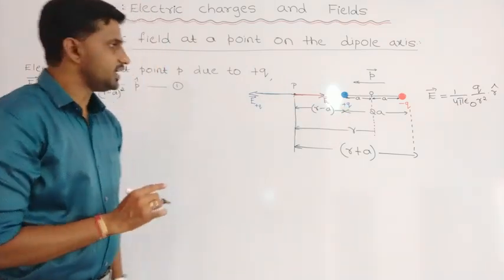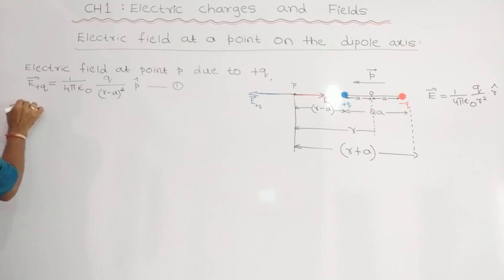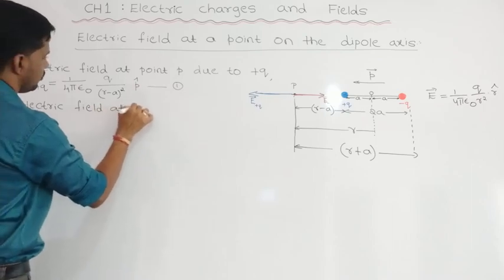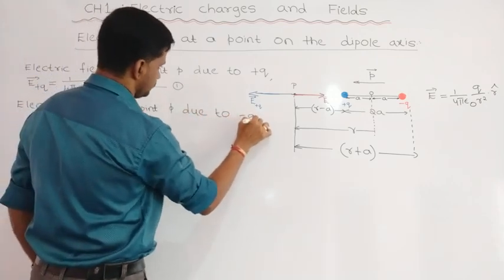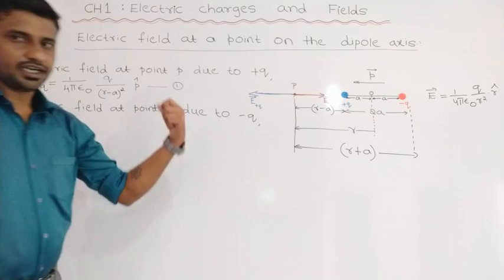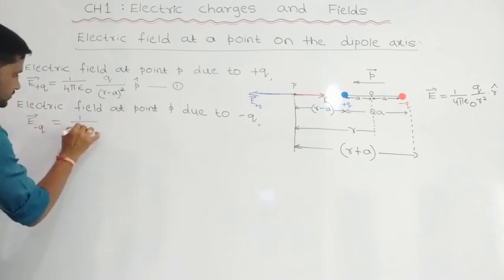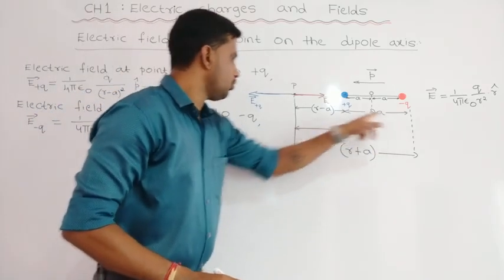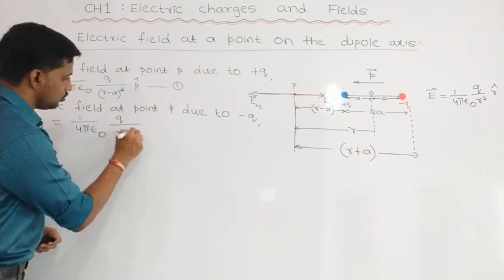Similarly, now I am going to write the electric field at point P due to the charge minus Q. Using the same equation, I write E minus Q vector is equal to 1 by 4 pi epsilon naught Q divided by the distance from the negative charge to point P, which is R plus A, so R plus A whole square.